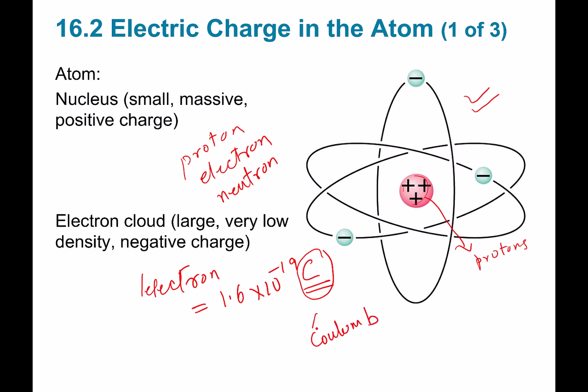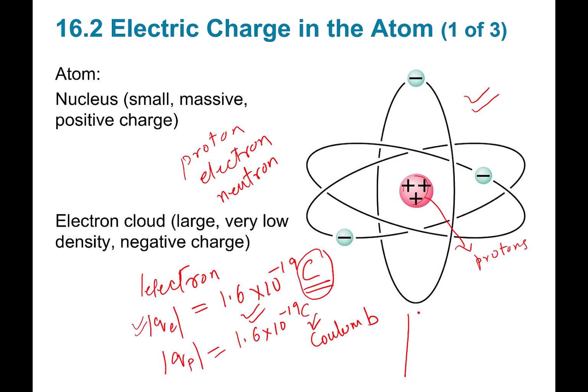The magnitude of the charge on the electron is 1.6 × 10^-19 Coulomb, and the same magnitude of charge is seen for the proton also. If we don't consider magnitude, the charge on the electron is negative and the charge on the proton is positive.